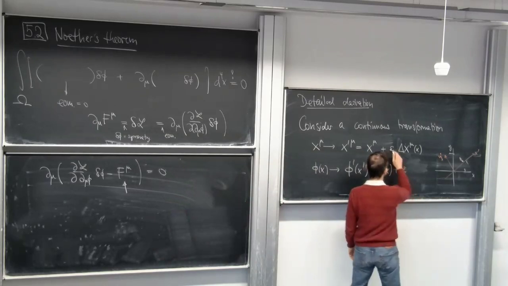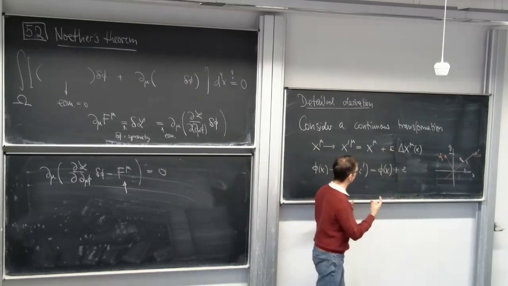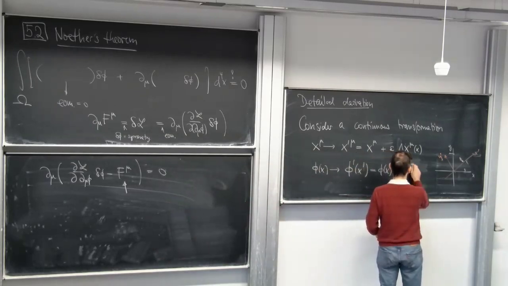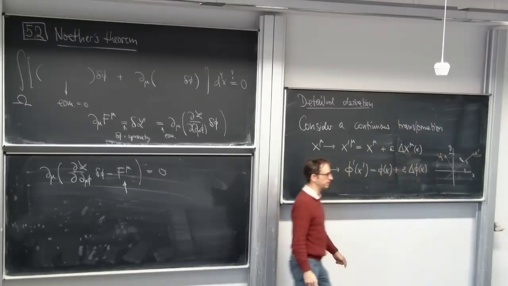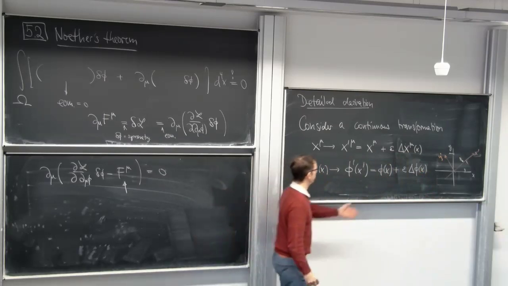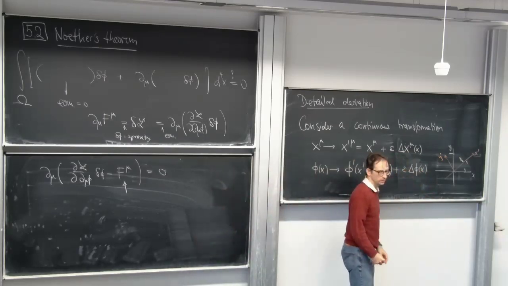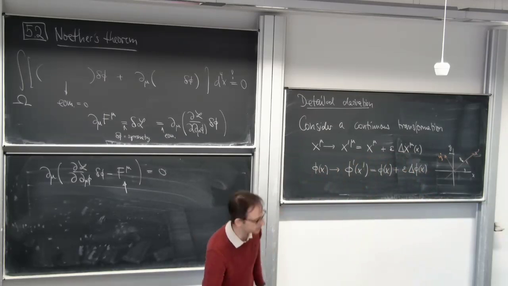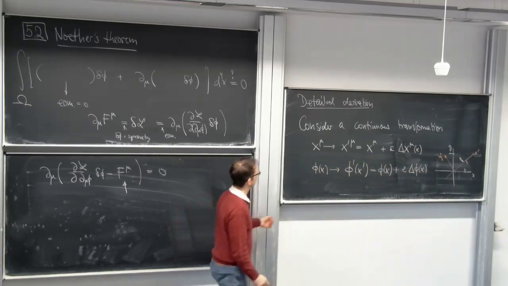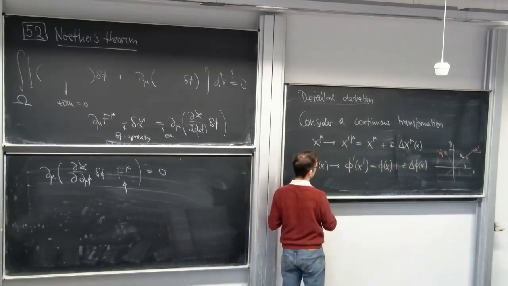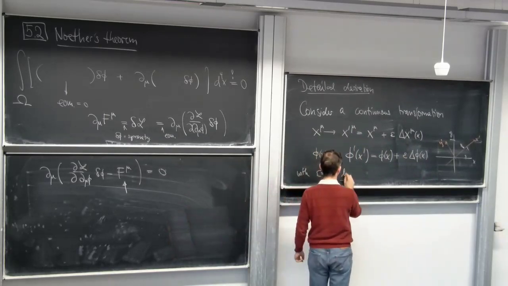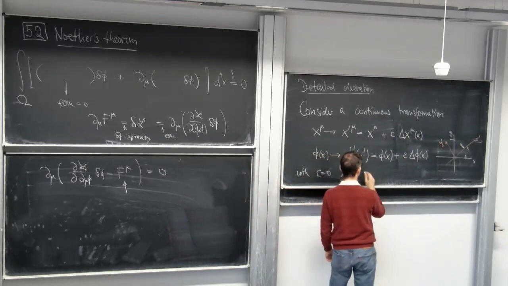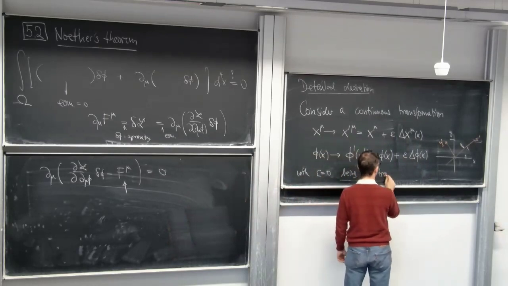Plus epsilon, again, supposed to control the strength of the change, and then here it looks the same as a delta. And this could be anything, and we'll see the examples. So this is how it's written. Continuous transformation with epsilon equals 0 being the identity, no transformation.